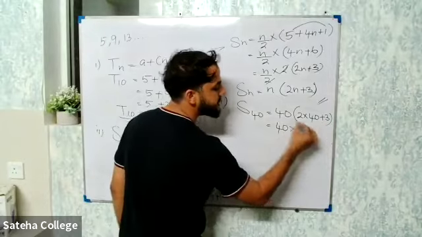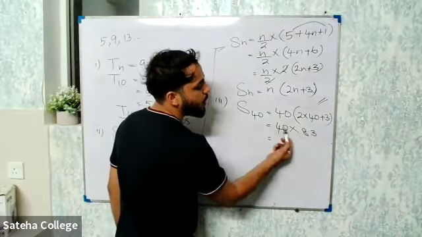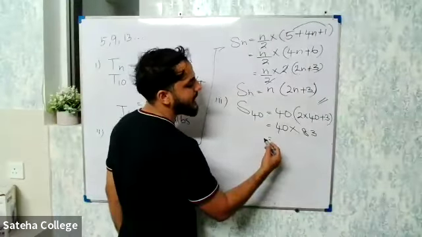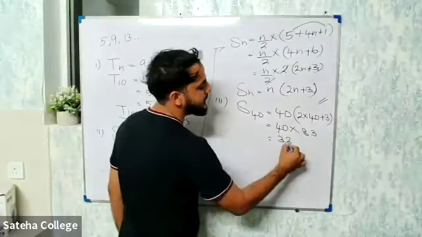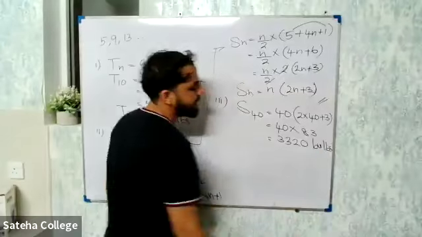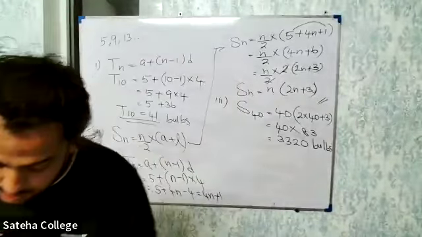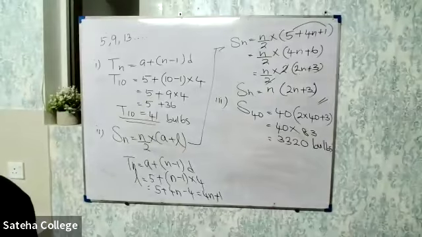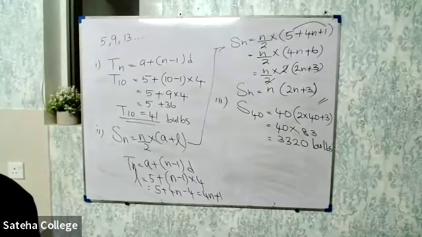So into 83. 40 into 83, that will give you 3,320. So in total, there will be 3,320 bulbs.